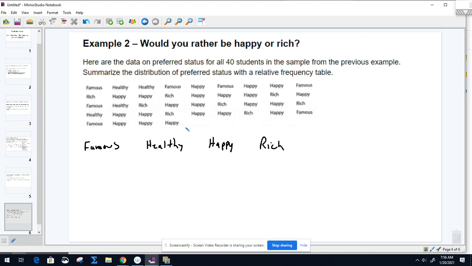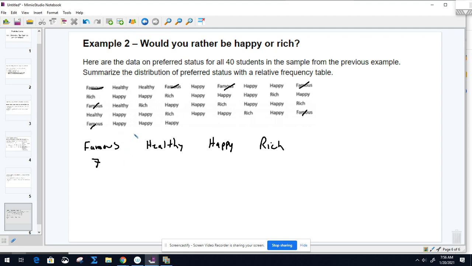And in these 40 students, I want to know how many want to be famous. Well, famous would be 1, 2, 3, 4, 5, 6, 7. So famous would have 7 students of the 40.